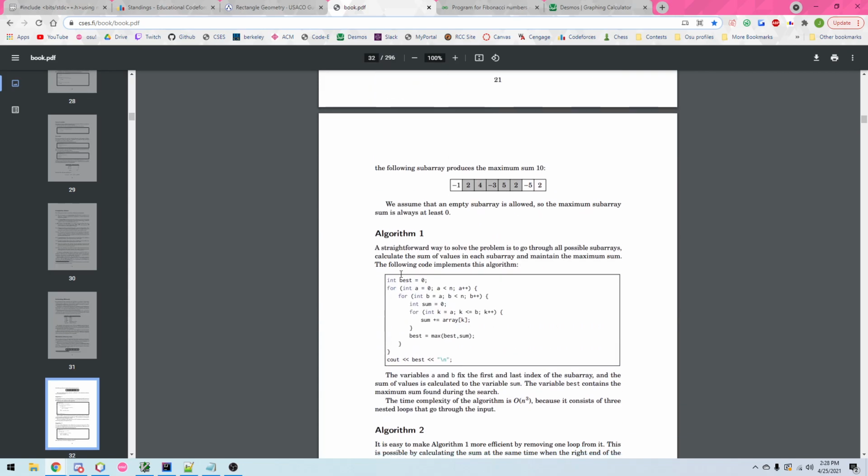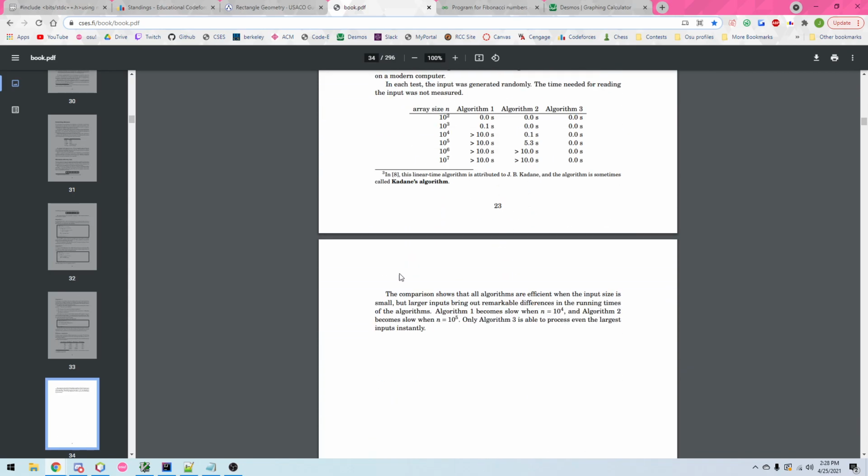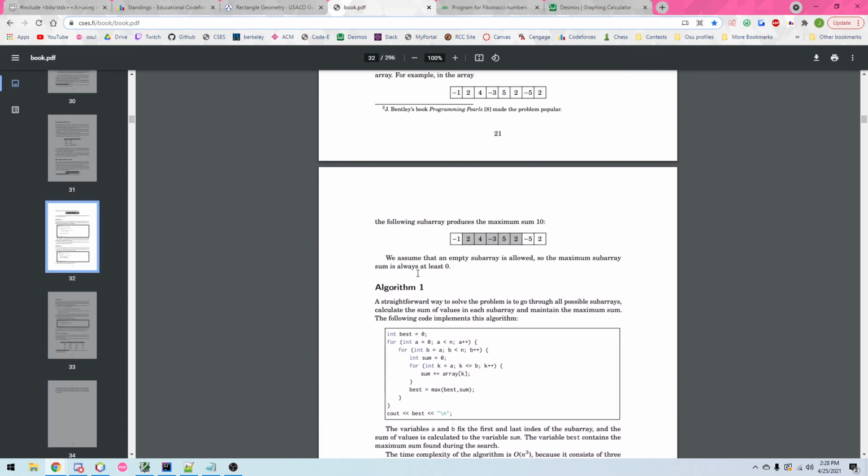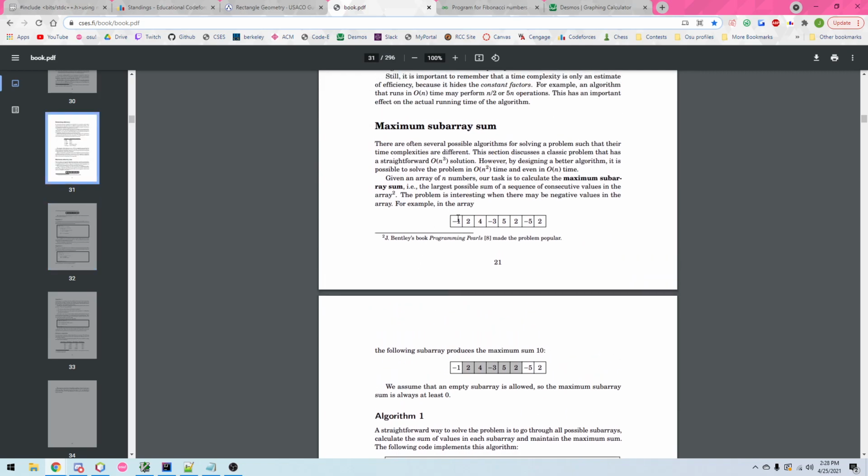So I think the only thing that's left is this example. They give you this problem where you have an array, and your job is to find the maximum subarray sum. A subarray has to be contiguous, so they have to be consecutive values. If it wasn't consecutive values, then you could simply take every single positive number.